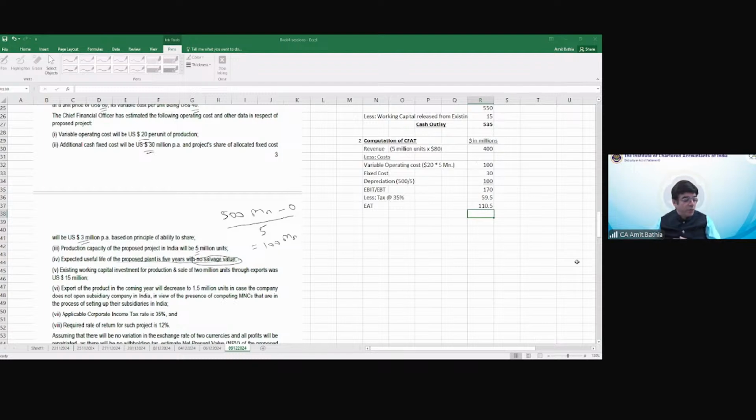What is my objective over here? My objective is to find cash flow after tax. Is this the cash flow after tax, or do I need to make some adjustment to it? Add depreciation back, right? It's a non-cash cost. Add depreciation, that is 100.